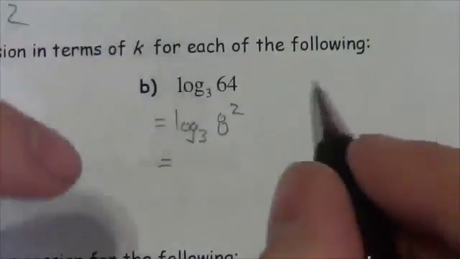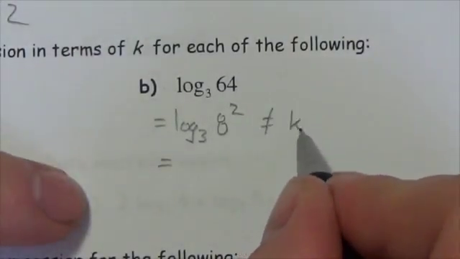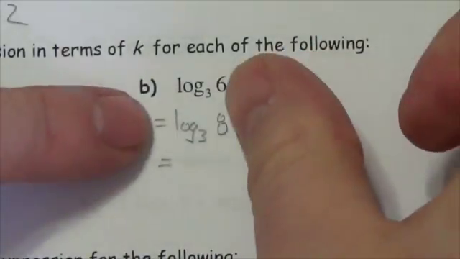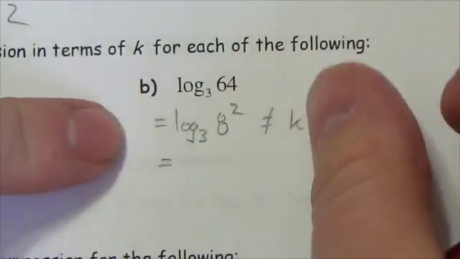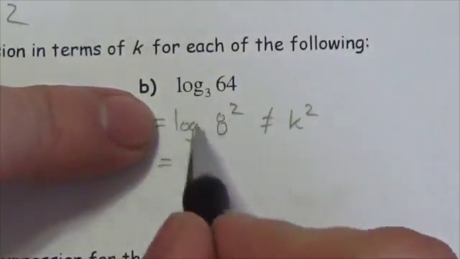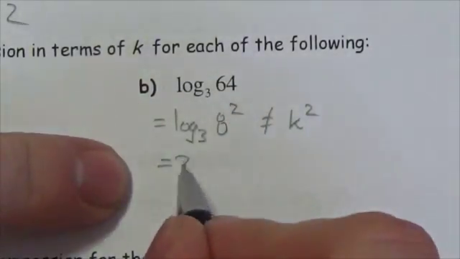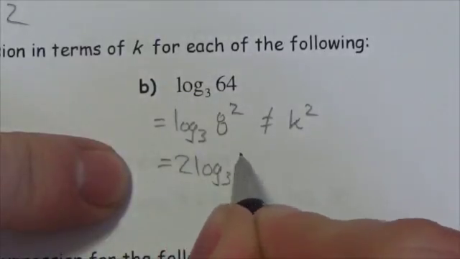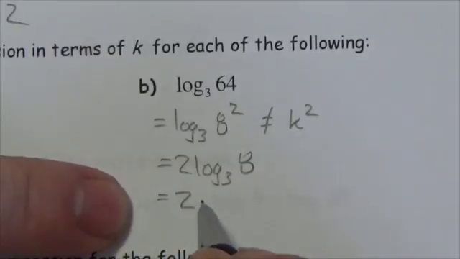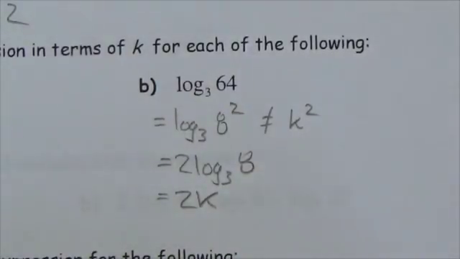And then, once again, I'm going to say it again, this is not equal to k squared, because it's the 8 being squared, not the log base 3 of 8 being squared. Okay, and the whole thing is equal to k here, not just the 8 here. So I got to bring down that 2. So 2 times log base 3 of 8. And now I can make that substitution. Log base 3 of 8 is k, and so the expression here is equal to 2k.